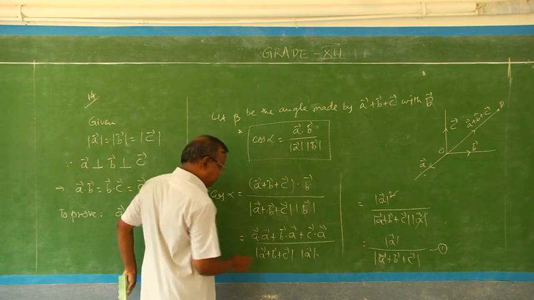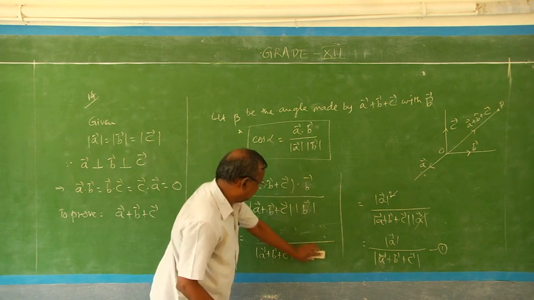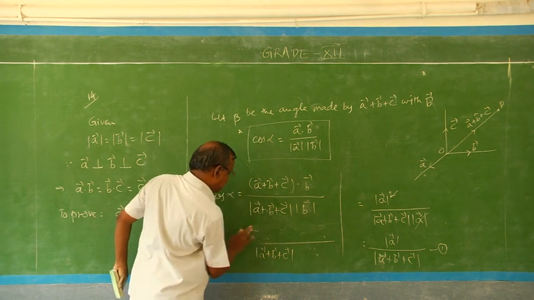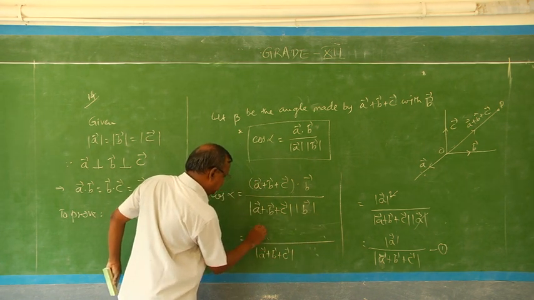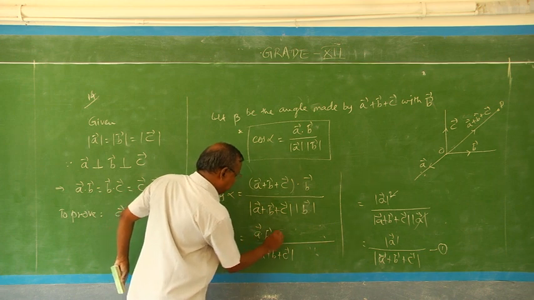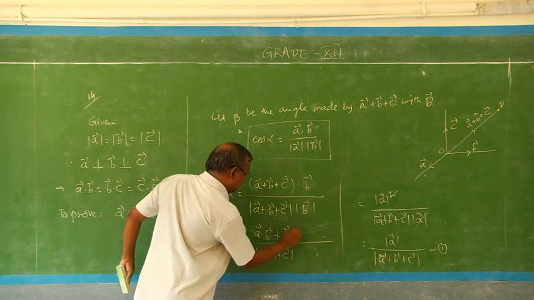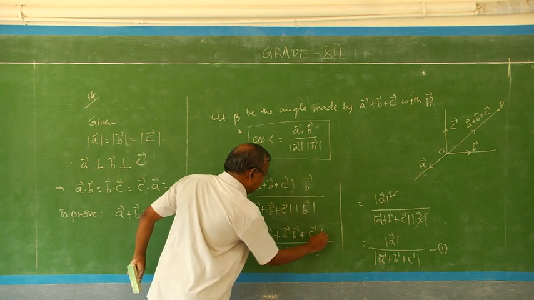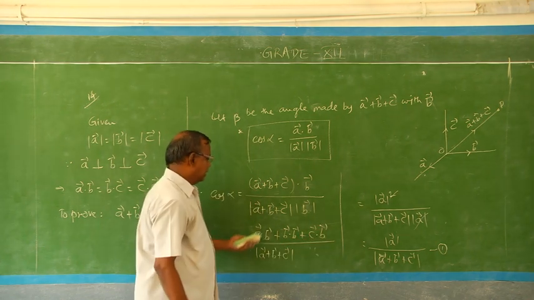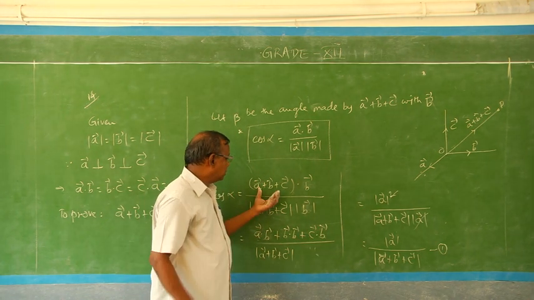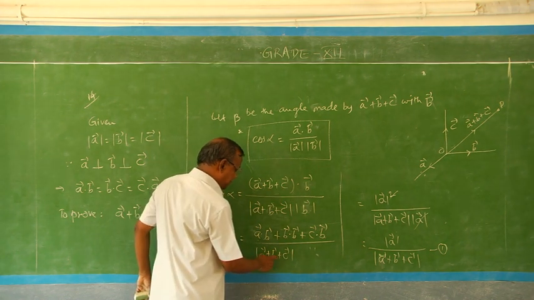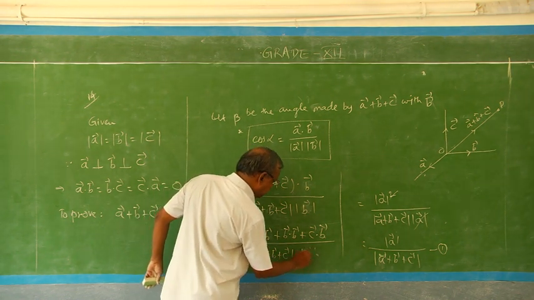Similarly, the numerator becomes a dot b plus b dot b plus c dot b.